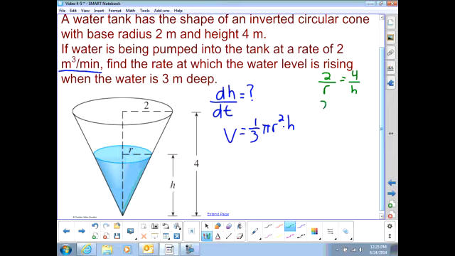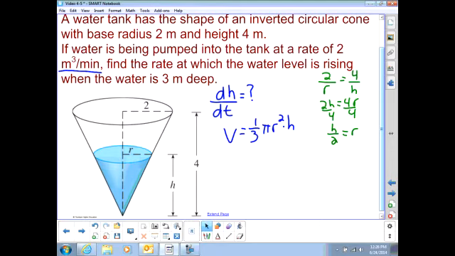So this will give us 2h equals 4r. And because we want to find dh/dt, it makes most sense to keep the h in our problem, meaning we want to substitute in for the r. So we'll divide both sides by 4 to get r by itself, and it'll give us h over 2 is equal to r.